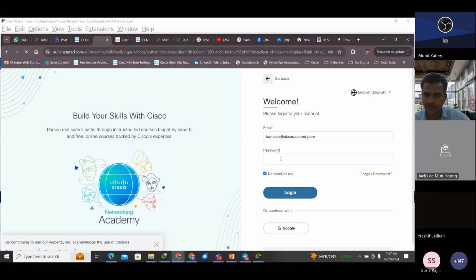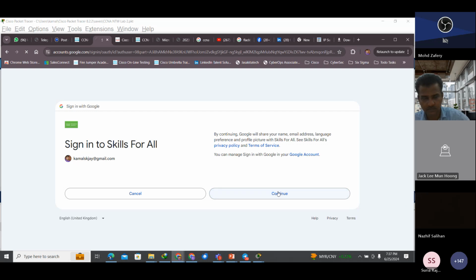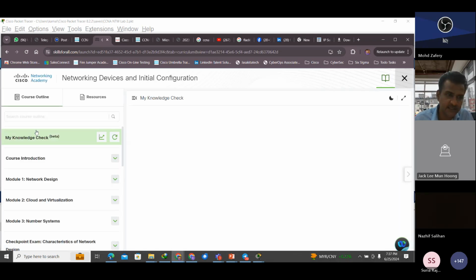Continue using Gmail or either one account, whichever works for you. I have so many accounts that I use from left and right. Okay, now if you are connected, then start.